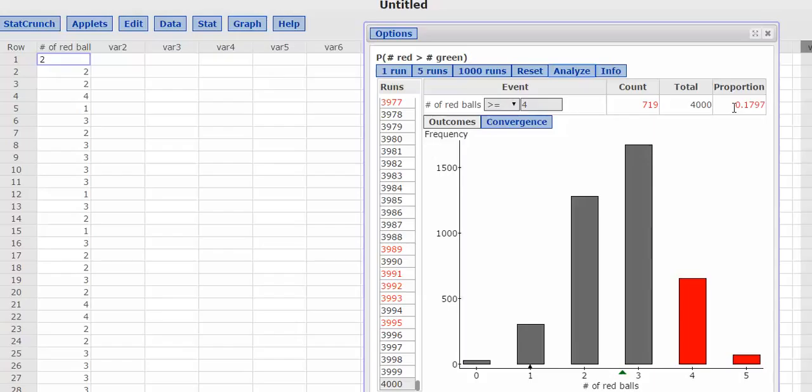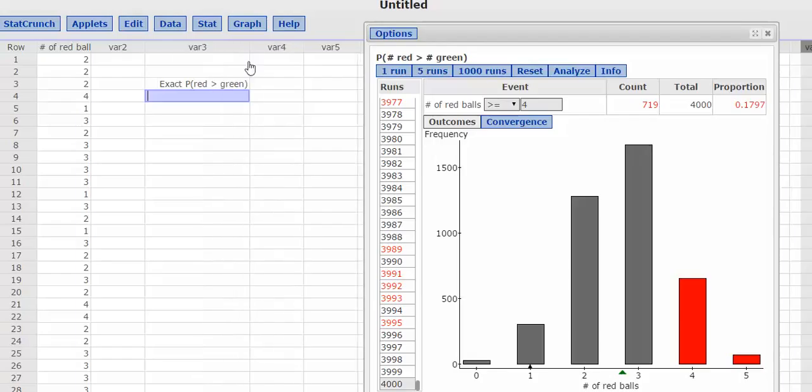And the exact probability that red is greater than green is going to be equal to 0.17948718.